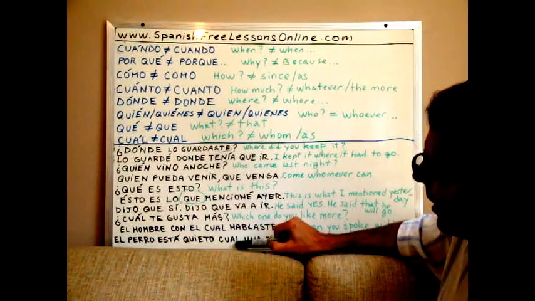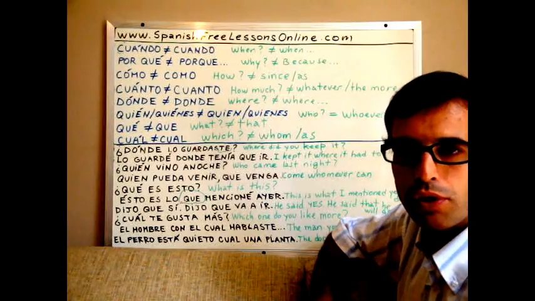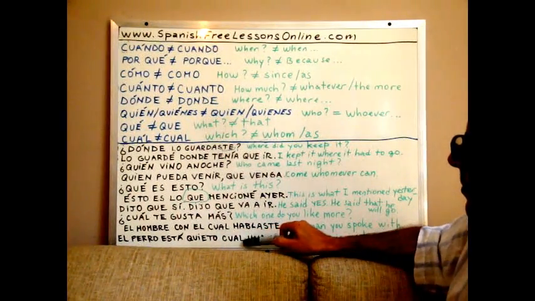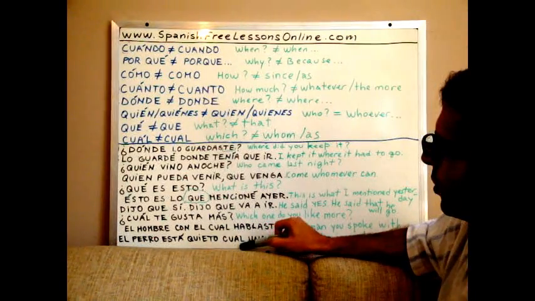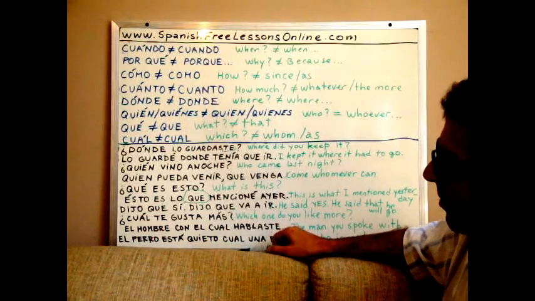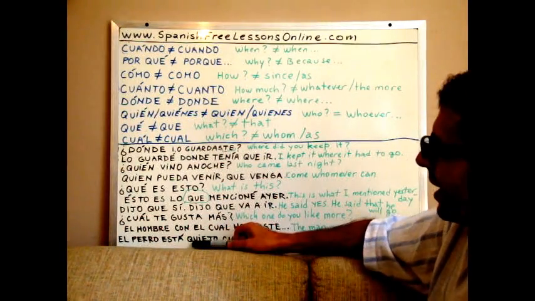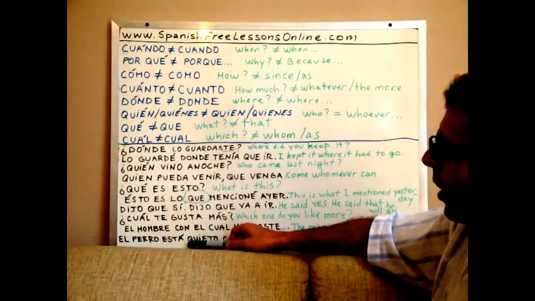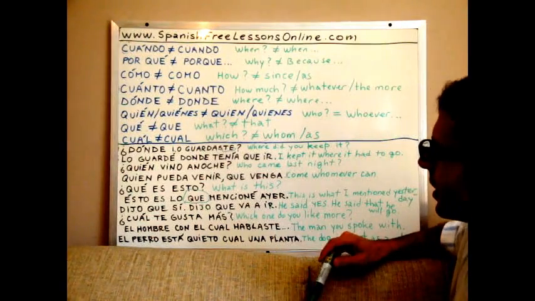And cual is actually not the most frequent word here. Cual is not the most frequent or most used word for this meaning, right? Here, cual means as, right? El perro está quieto cual una planta. The dog is quiet as a plant. Okay?